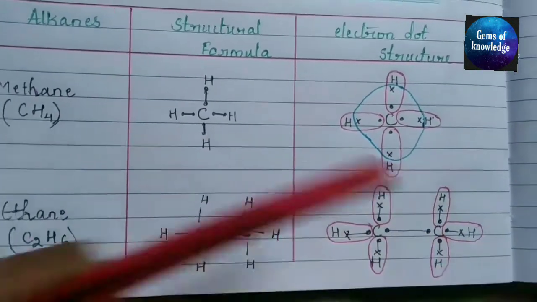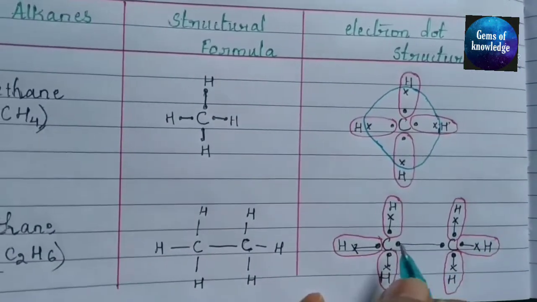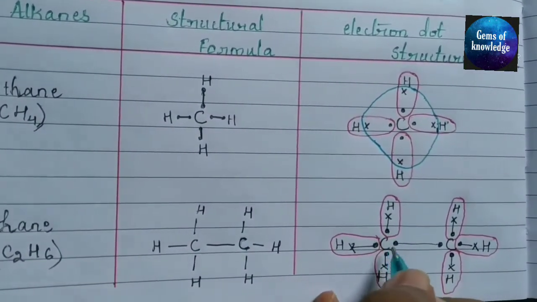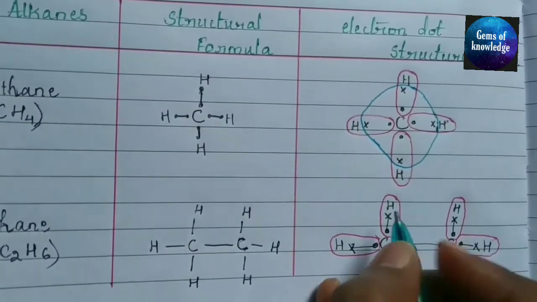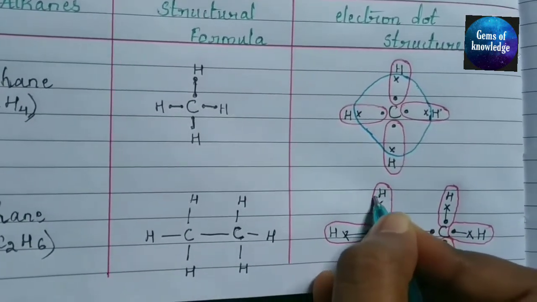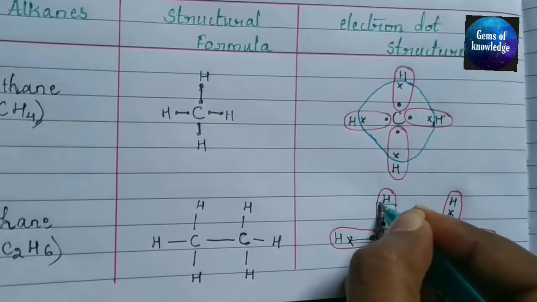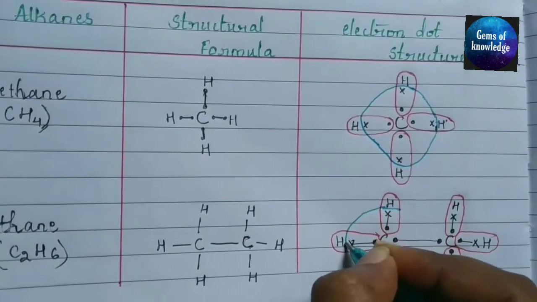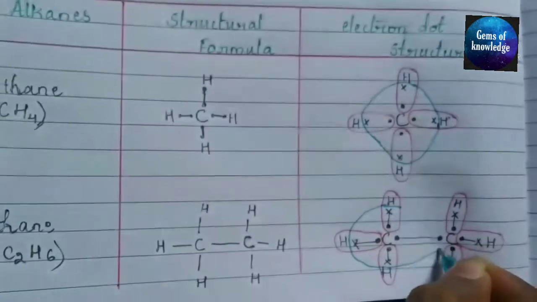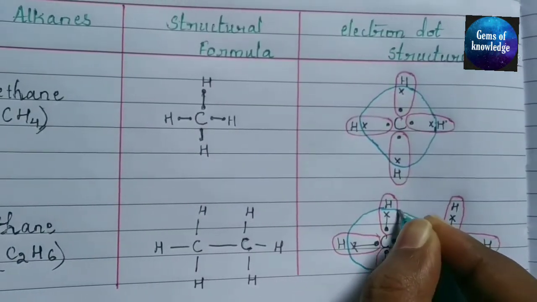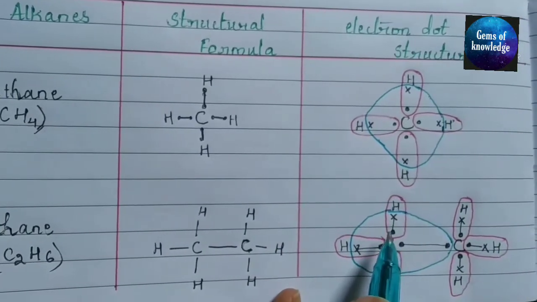Next, now it's the turn for carbon. Just see, carbon is already having 4, but it has to take how much? 8. So, 2 from here, 2 from here, that is 4. This will become 5, 6, and this will become 7, 8. Just see, instead of 4, it will become 8.